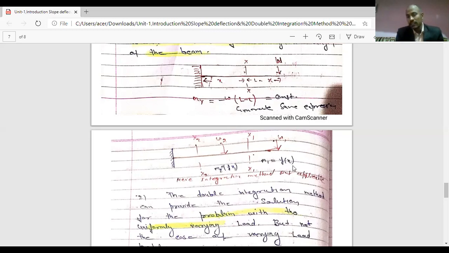So M1 is a function of x and M2 is a function of x1. So in this beam, the bending moment is not constant. Therefore, we can't derive slope and deflection for this beam by the double integration method.